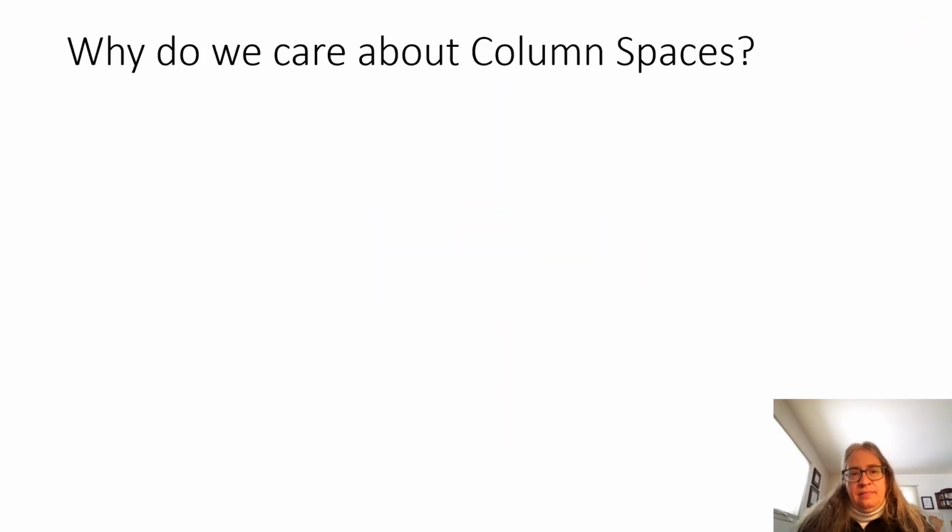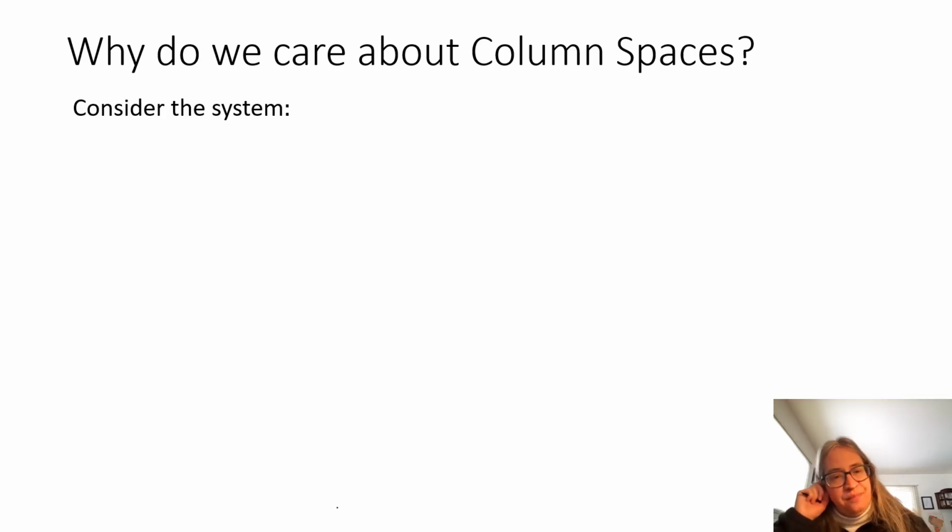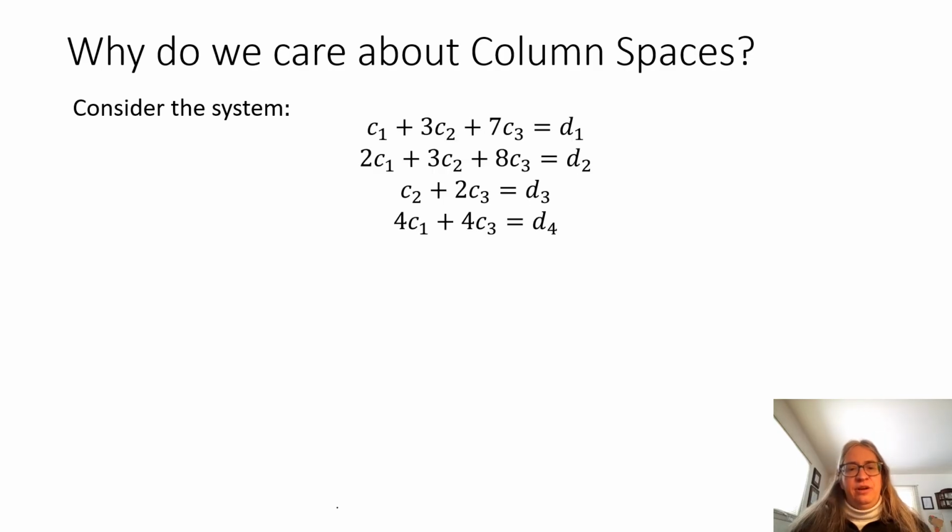Okay. And the last thing I want to talk about is why do we even care about column spaces? Is this just a thing the mathematicians made up because we could? Well, not this time. It's actually related back to one of our original topics in linear algebra, solving systems of linear equations. So, for example, let's consider a system of linear equations.